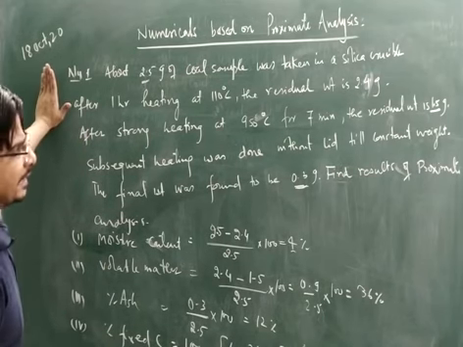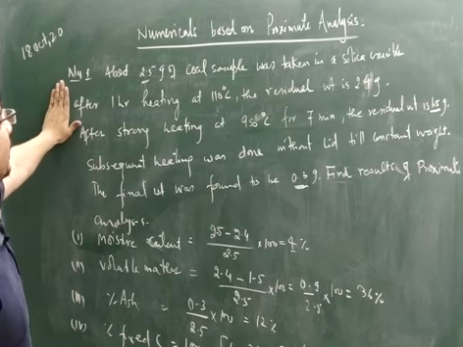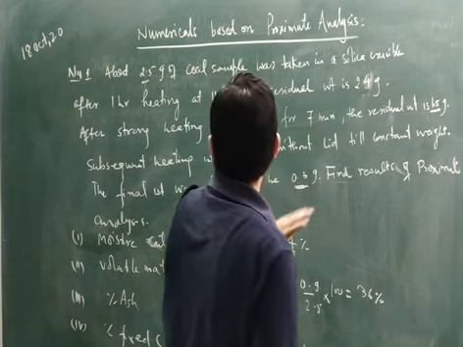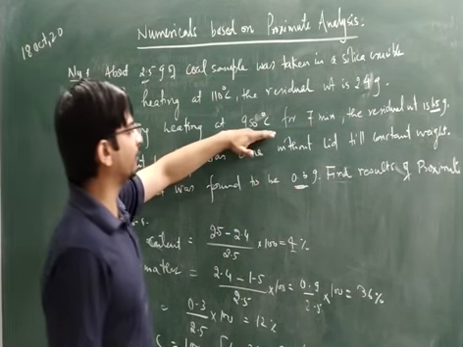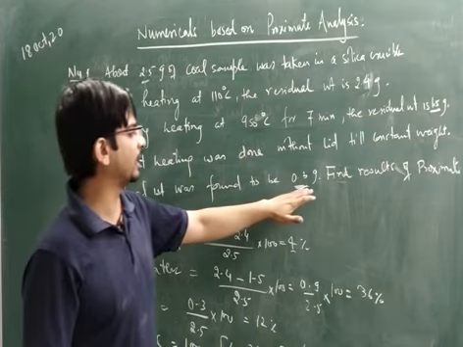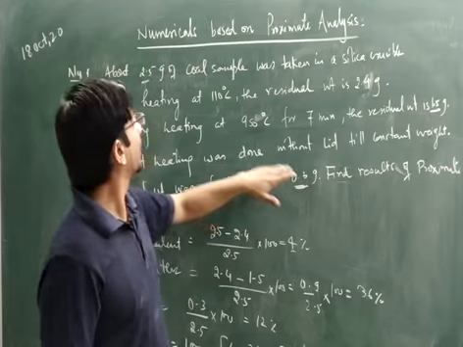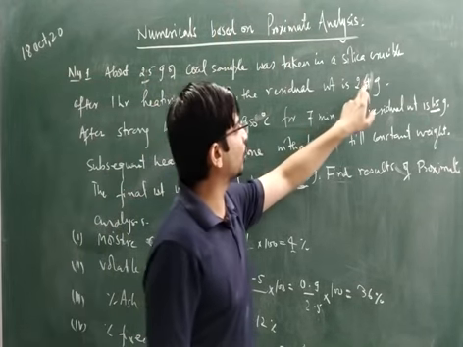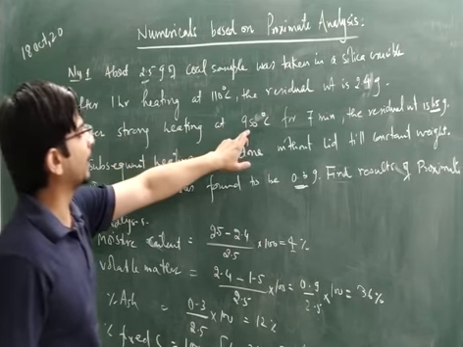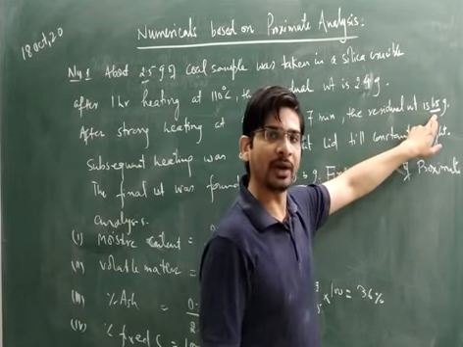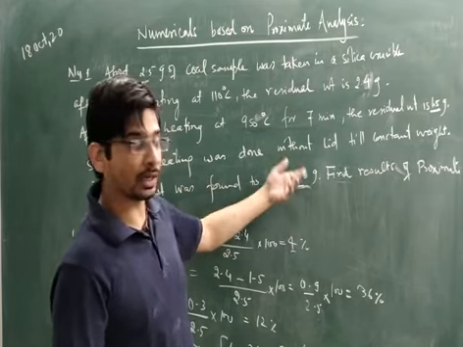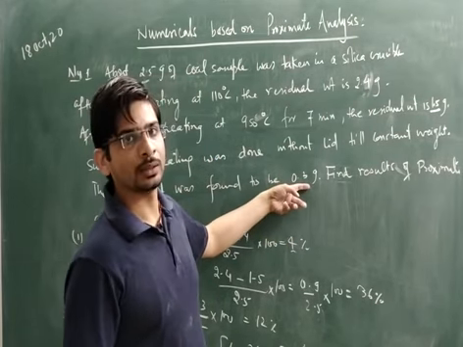So I think the numerical is very simple. Everything is itself clear. 2.5 ग्राम कॉल सैंपल लिया आपने, उसके बाद बच गया 2.4, के बाद फिर 950 डिग्री सेल्सियस पे हीट करने के बाद बच गया 1.5, के बाद फाइनली वेट आया 0.3. सो 0.3. 2.5 जो कॉल सैंपल था उसमें से मॉइस्चर निकलने के बाद 2.4 ग्राम कॉल रह गया. 2.4 में से वोलाटाइल मैटर निकलने के बाद 1.5 ग्राम कॉल रह गया, और सब कुछ होने के बाद जो फाइनल वेट आता है कोयले कंबस्शन होने के बाद 0.3. राइट.